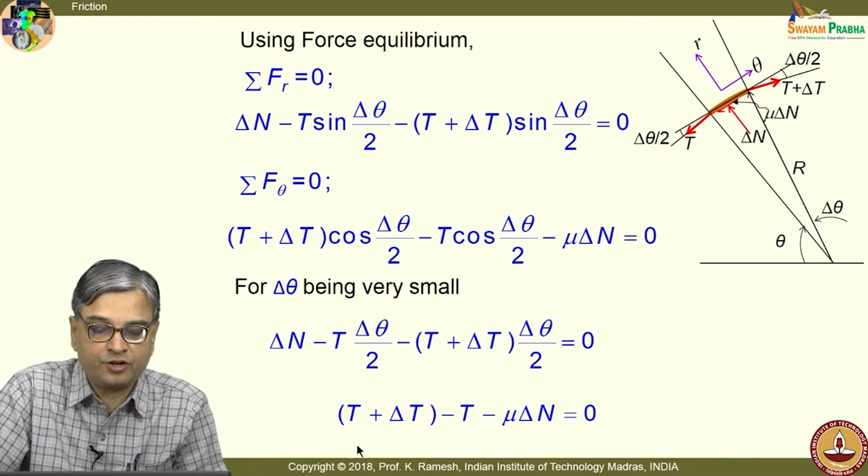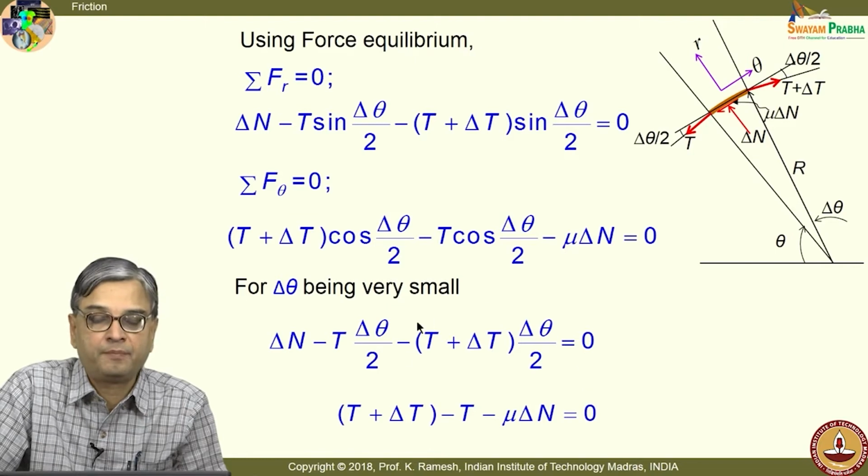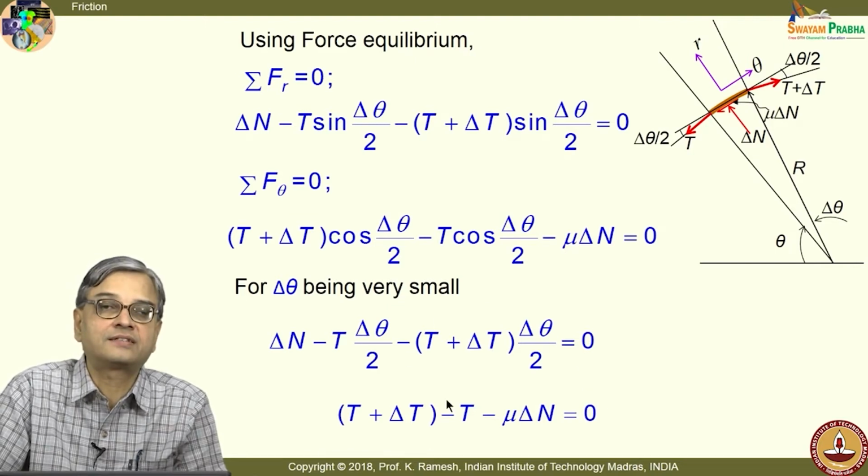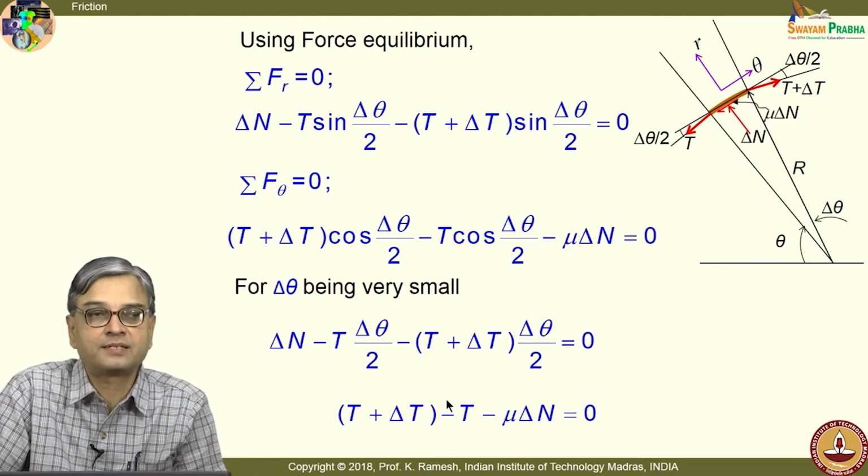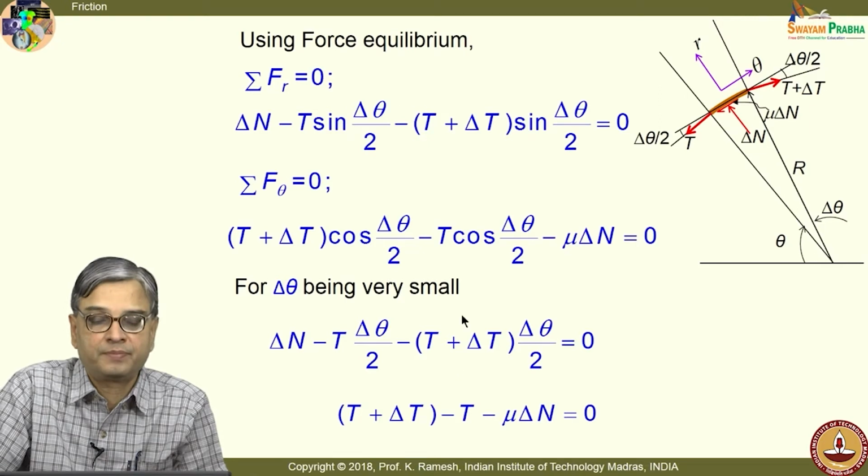And the other expression reduces to T plus delta T minus T minus mu times delta N equal to 0. Please verify these expressions including the sign. There could be some small typographical errors. Please correct them if there are.